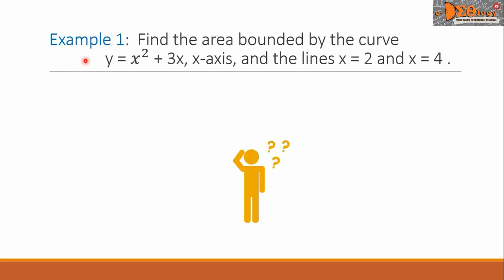Let us see example 1. Find the area bounded by the curve y equals x squared plus 3x, the x-axis, and the lines x equals 2 and x equals 4.